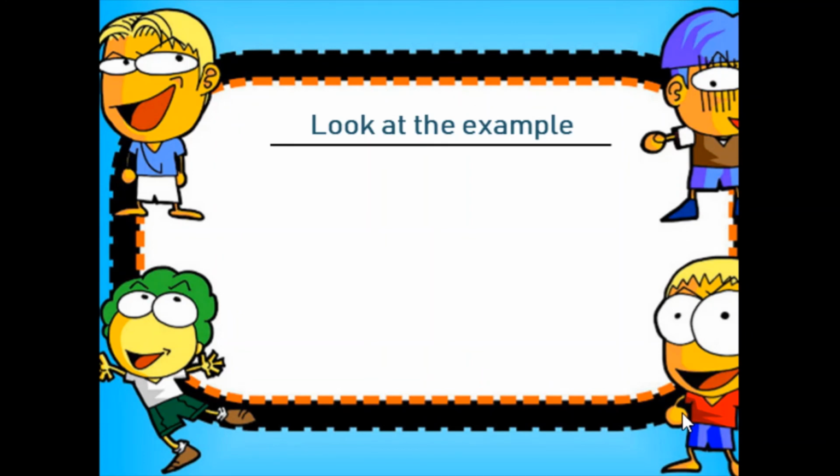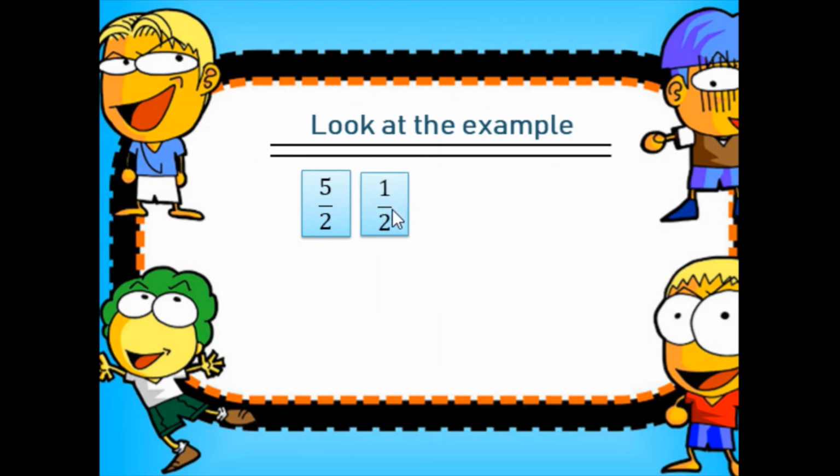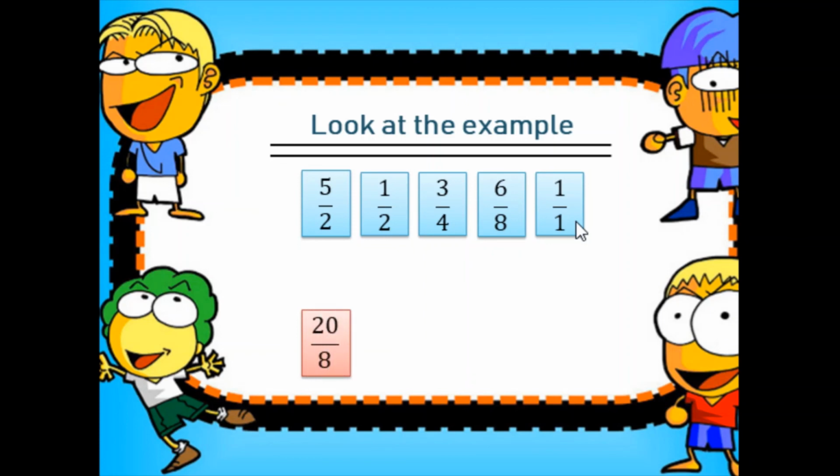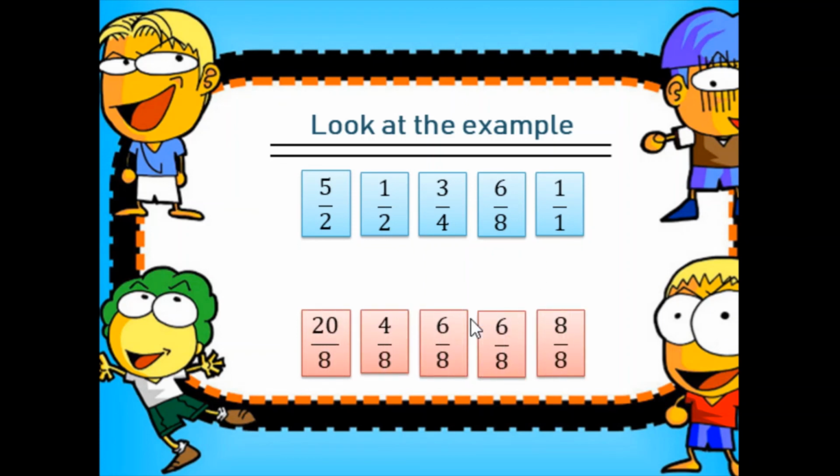But what if our fractions are not like fractions? The denominators are not the same. So we have an example: 5/2, 1/2, 3/4, 6/8, 1/1. Let's put the answers first, okay? Why is it 8?